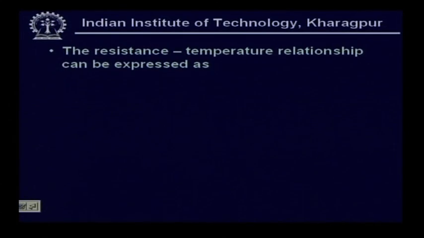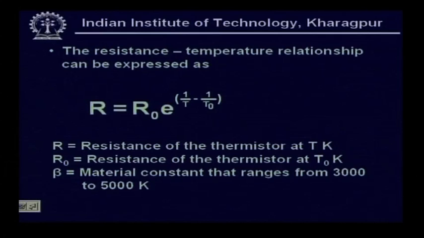The resistance temperature relationship can be expressed as R equal to R naught exponential to the power beta multiplied by 1 by T minus 1 by T naught. What are those legends? R equal to the resistance of the thermistor at T Kelvin, R naught is the resistance of the thermistor at T naught Kelvin, and beta is the material constant that ranges from 3000 to 5000 Kelvin.